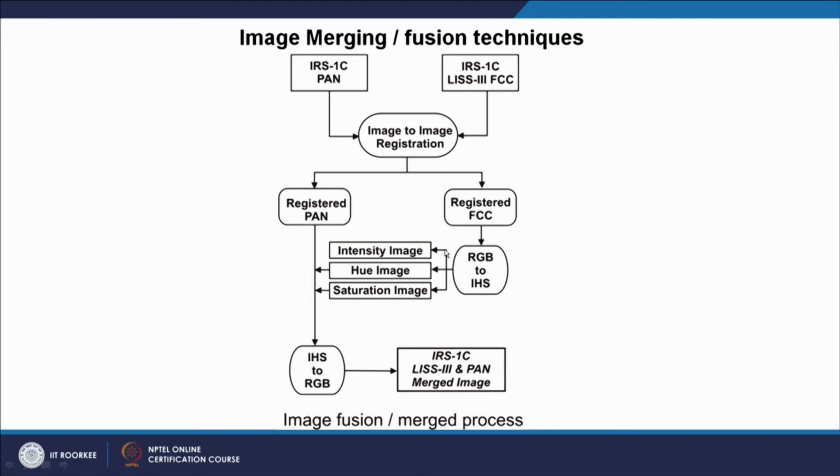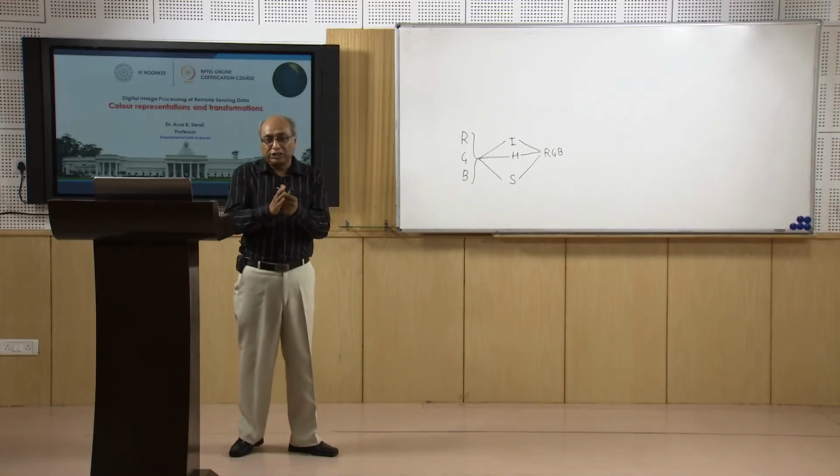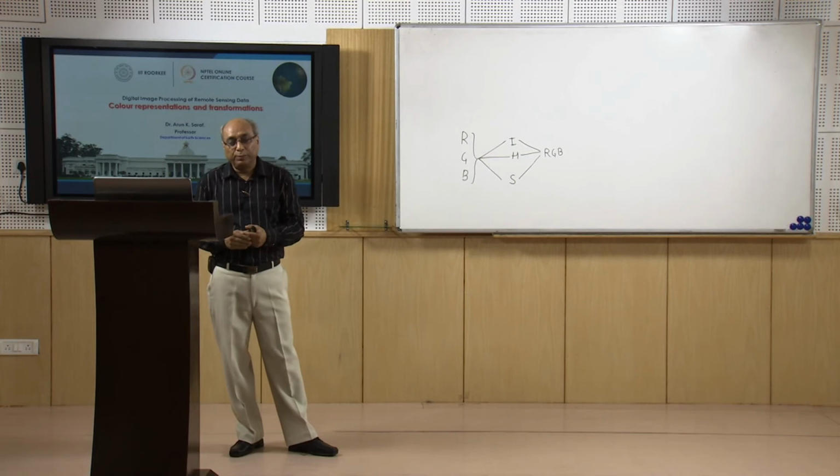So we drop this one and continue with the PAN image of higher resolution, and then we go for reverse transformation or backward transformation, that means again from IHS plane to RGB plane.